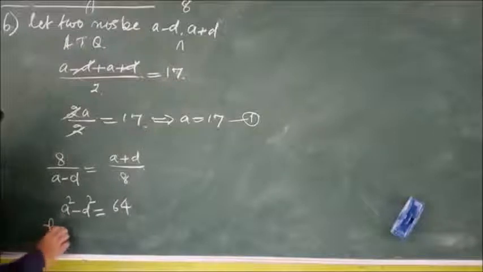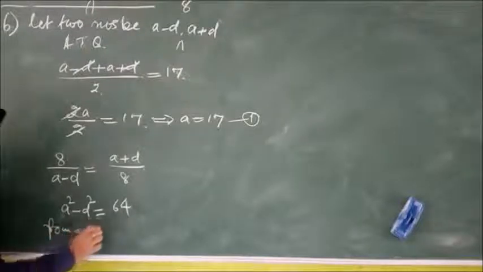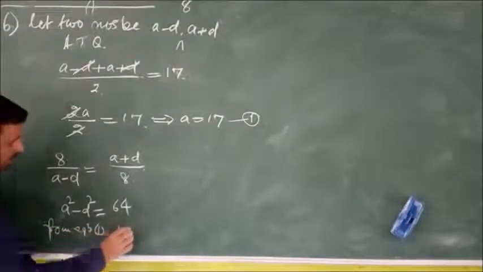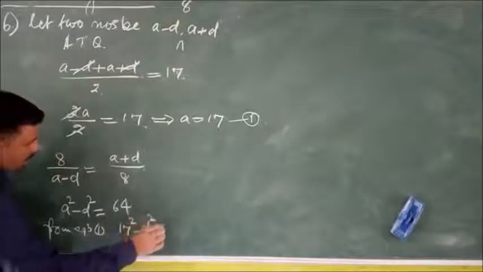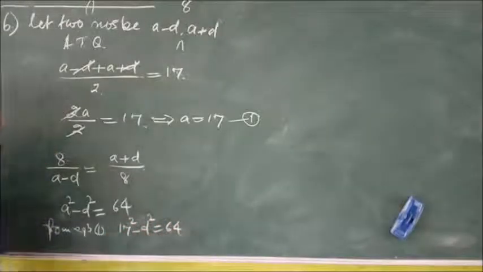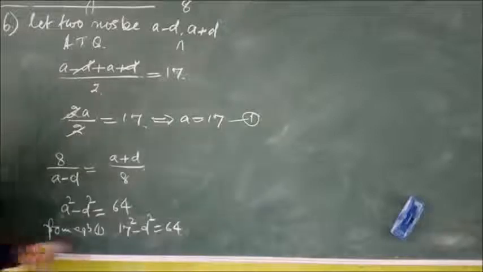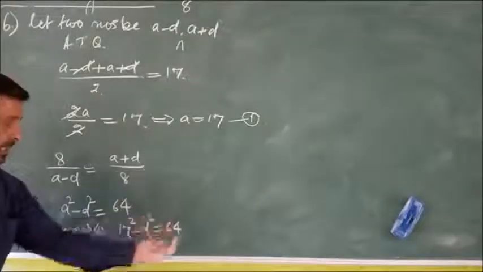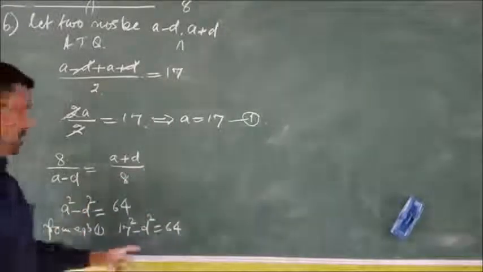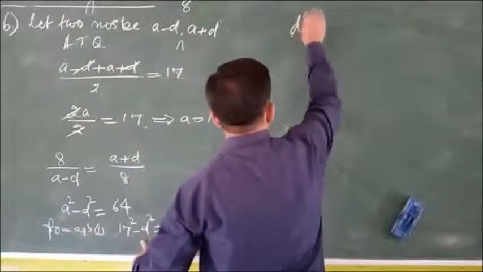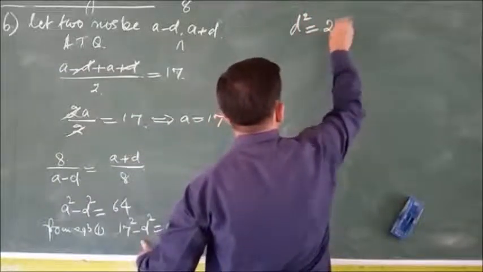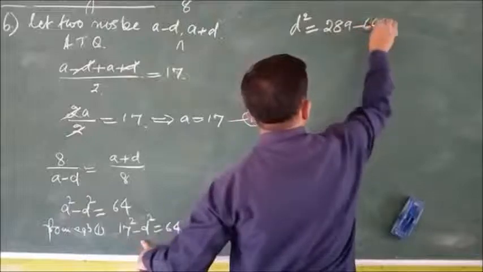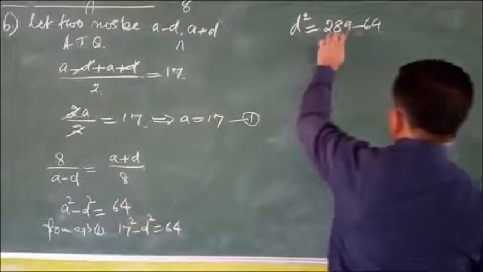From equation 1, 17 square minus D square is equal to 64. Now we can calculate D square. D square goes to the right side and becomes positive, 64 comes to this side and becomes negative. So D square is equal to 289 minus 64, because the square of 17 is 289.